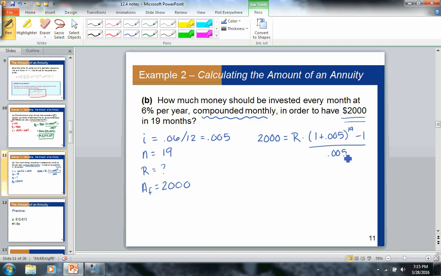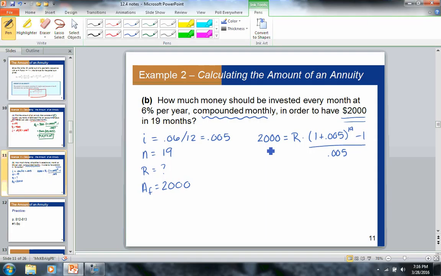So now there's a couple different ways that you could solve this. Probably the most straightforward way is to simplify all of this down, this big fraction, and then you can divide it over. Okay? The other way would be to rework this equation so that it's solved for R, and then you can do the calculations, but either way is correct.